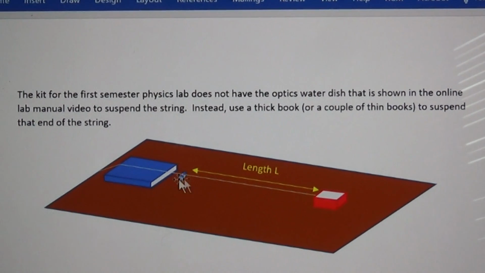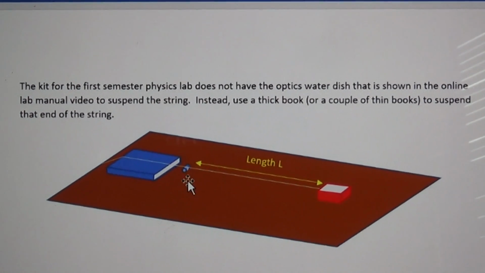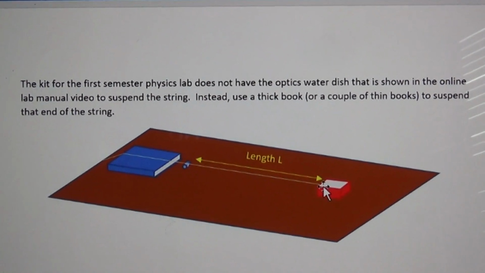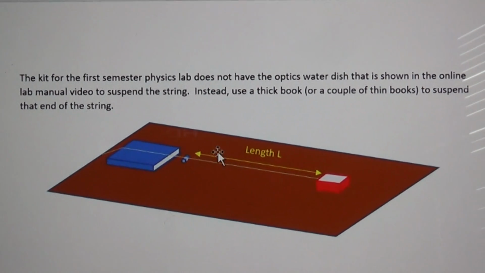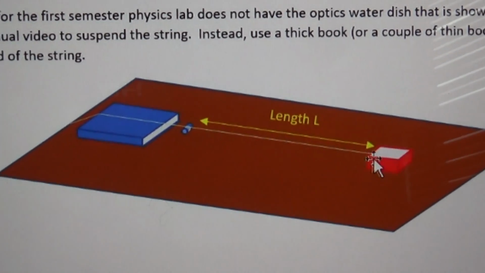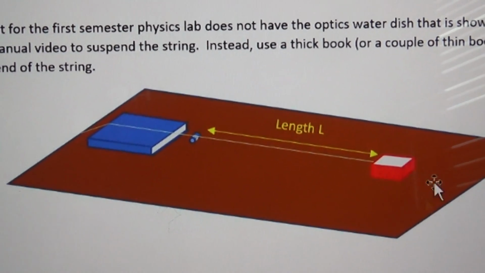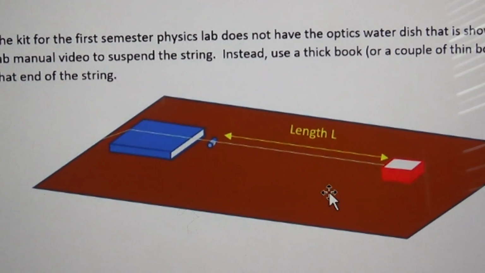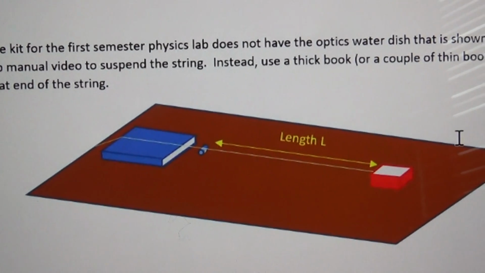So the motor, which is tied to the string, is lifted up from the tabletop, and then you have the rest of the string, which is about 60 to 70 centimeters. From the motor where it's tied off at that knot, all the way over to where it's tied off on the eye screw on the iOLAB, that length is supposed to be 60 to 70 centimeters.